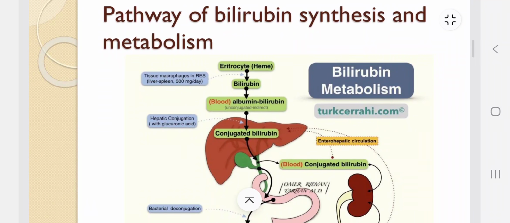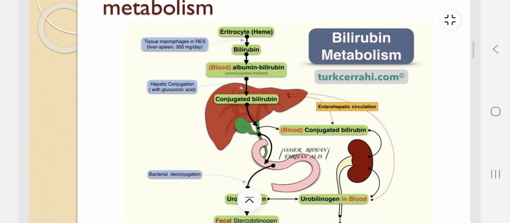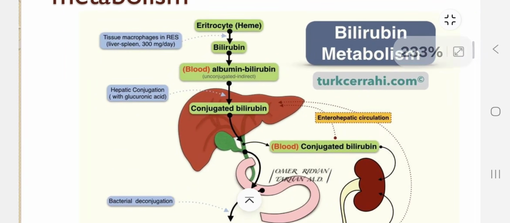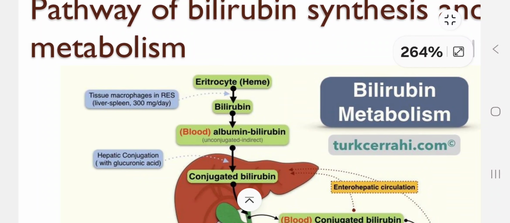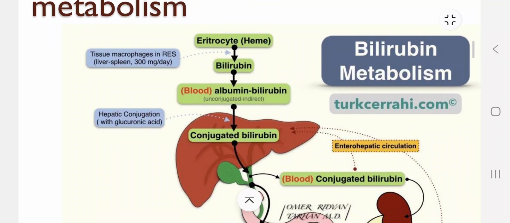Now we will understand the pathway of bilirubin synthesis and metabolism. So here you can see that the erythrocyte, when it hemolyzes, forms heme and protoporphyrin. Heme undergoes a further step of metabolism by heme oxygenase to form biliverdin, which is converted into bilirubin. Bilirubin combines with albumin to form an albumin-bilirubin complex.